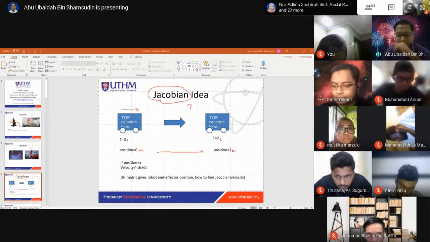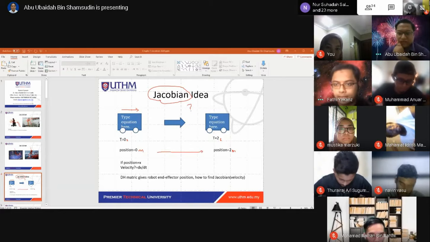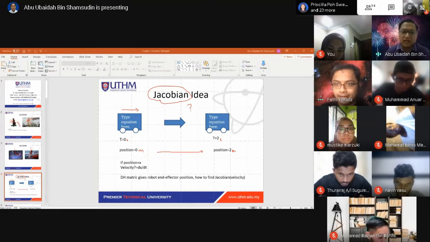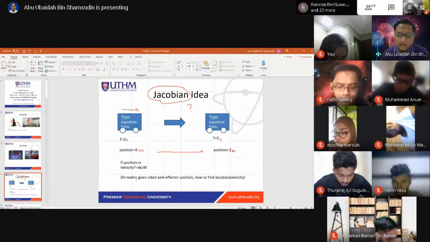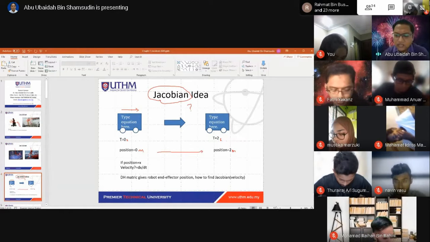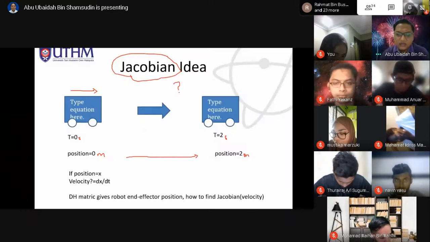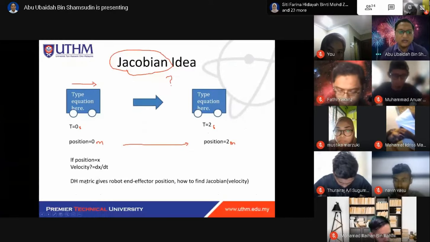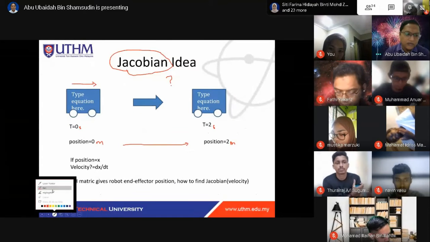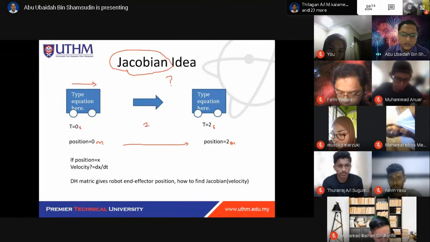So how did you do it? Distance over time. So good. Okay, pay attention. To get the velocity, you just need to divide the distance over time, right? So distance is 2 divided by 2 seconds.